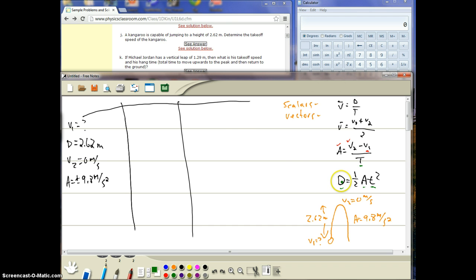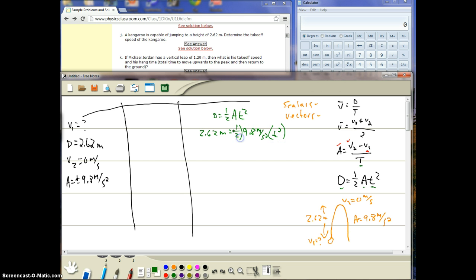So back to our problem. We're going to solve this right here first. This distance equals 1/2 a t squared. My distance over here is 2.62 meters equals 1/2 times 9.8 meters per second squared times t squared.